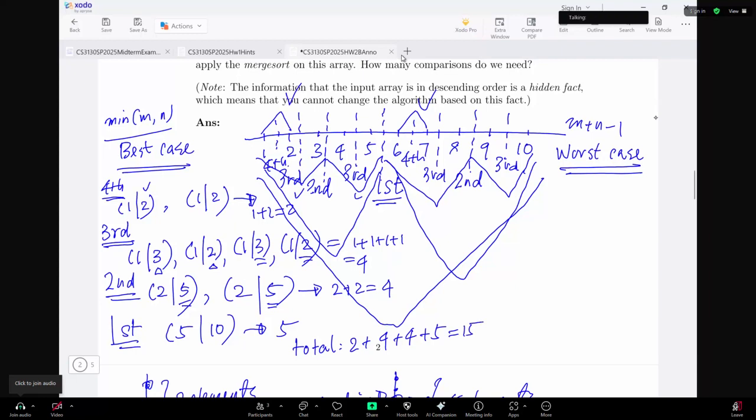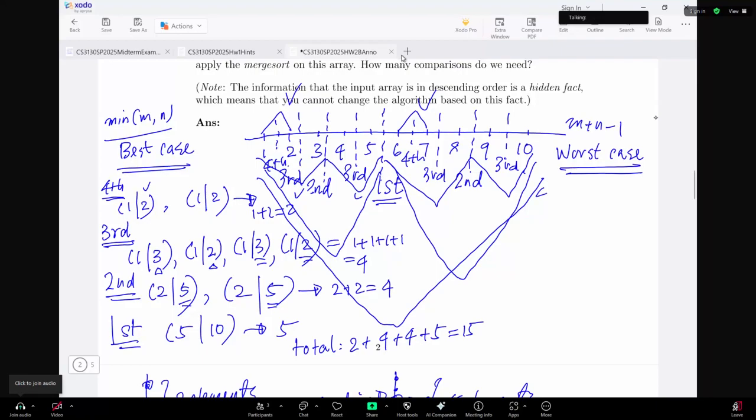That's the best case. Now let's do the worst case. Same thing, but our numbers will change. Same kind of merge, but you just change the formula.